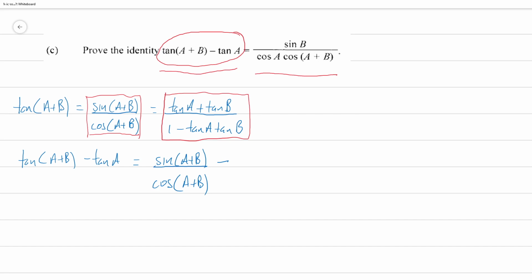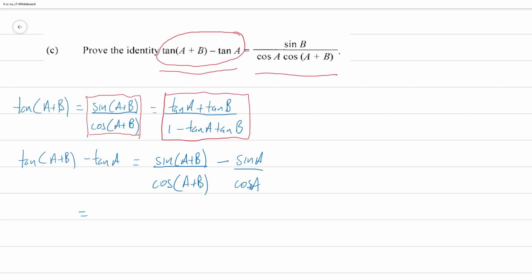It doesn't have any expression with sine, so I'll just say minus sin a over cosine a. Sorry, so accustomed to writing theta. That's an a.